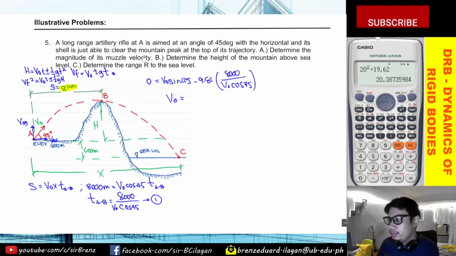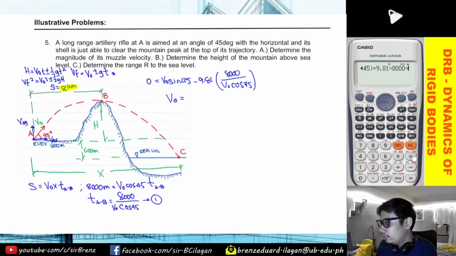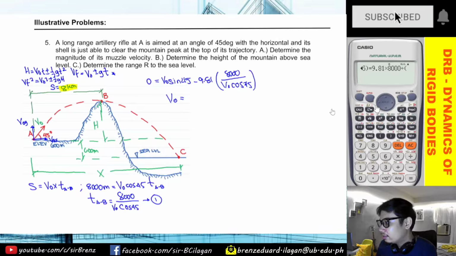So our equation is X sine 45 is equals to 9.81 times 8,000 then divided by X cosine 45.